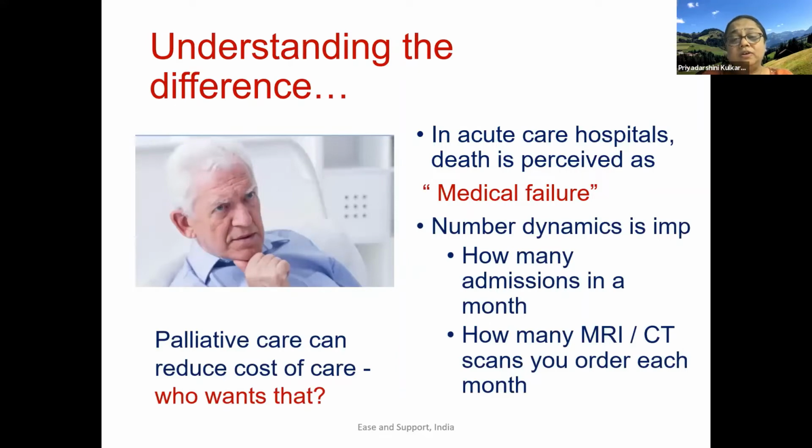We are here to do, sorry to use this word, the business of medical practice. Everything is about turnover, everything is about making more money. And are you here to reduce the costs? That was not accepted really.